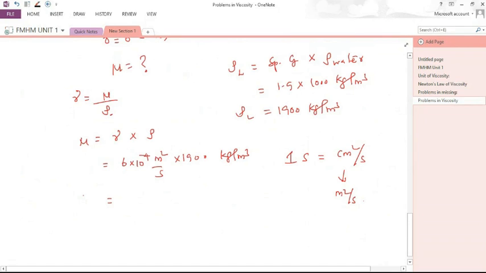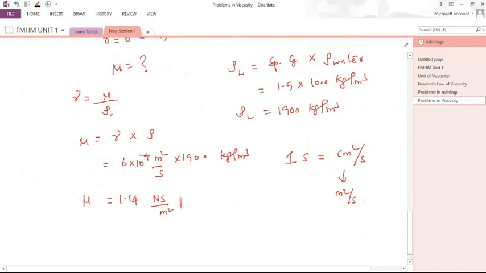If you simplify the equation, you get the value 1.14. What will be the actual unit of mu? Generally we know that mu is Newton second per meter square in terms of SI. So how does Newton second per meter square arise?